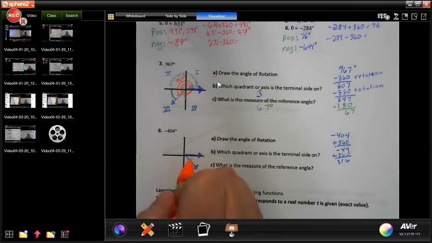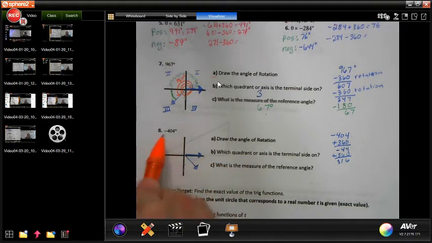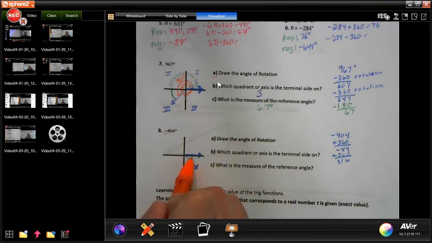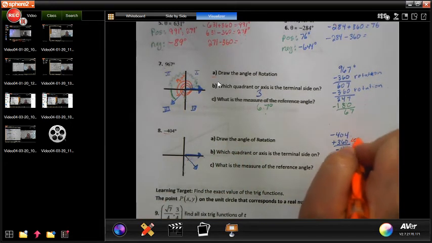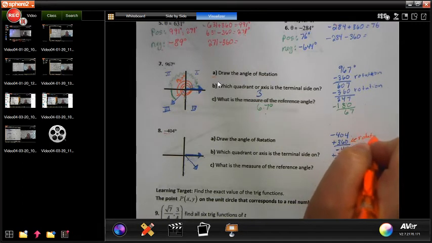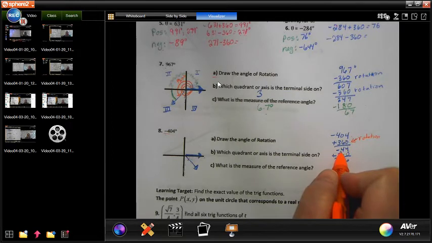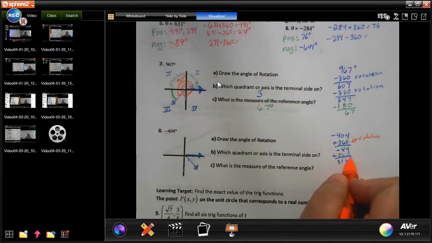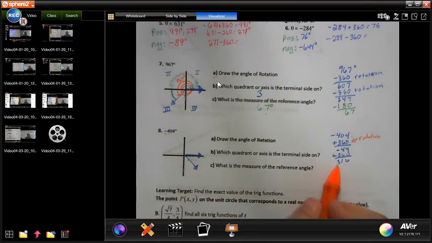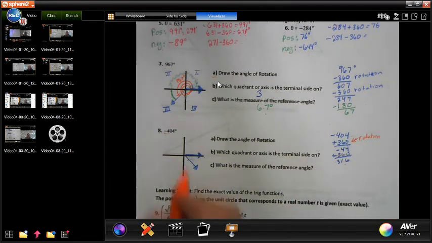So when I draw my loop, remember I have to go backwards because it's negative. I had a full rotation. This is a rotation. I'm going to land here, so I don't need to worry about this rotation. That just helped me find the degree, so I don't need to worry about that.